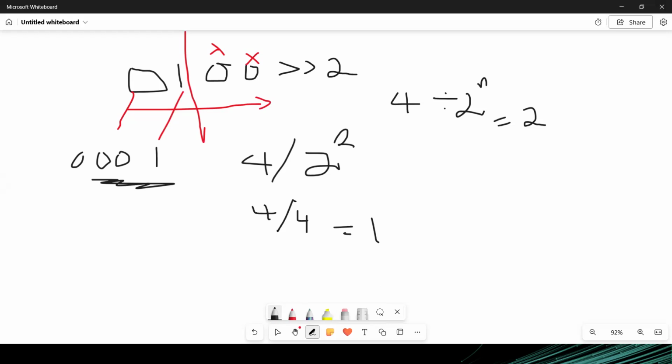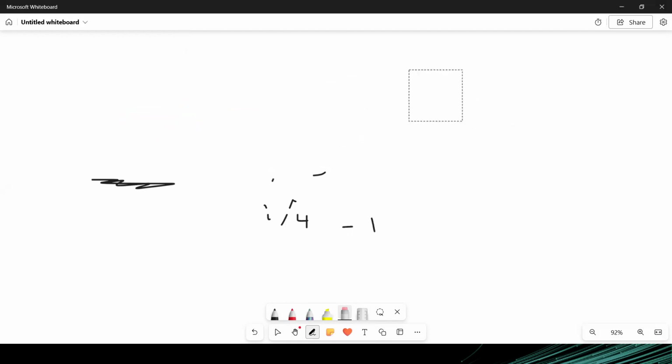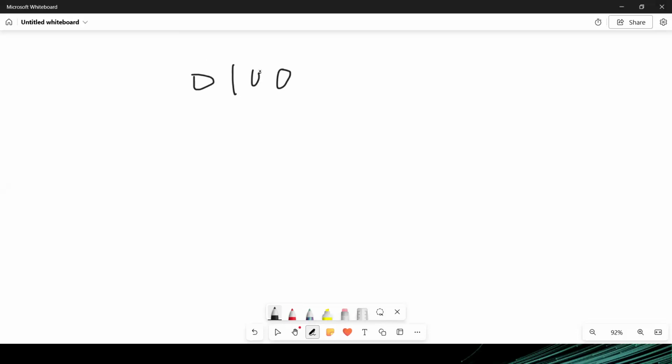So this is what we do for the unsigned. Now, if you're working with a signed integer, remember, you have to be very careful with the leftmost bit, which is the most significant bit. So let's say we are still working with 4, 0100.